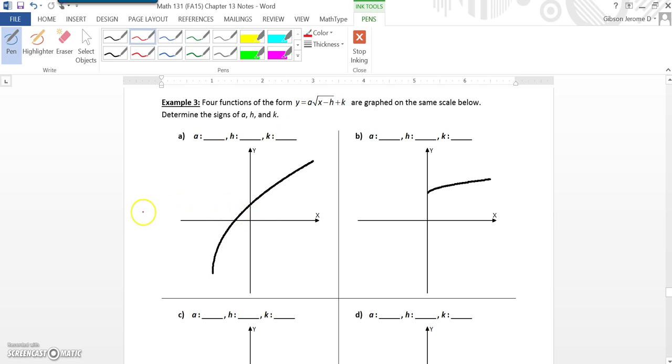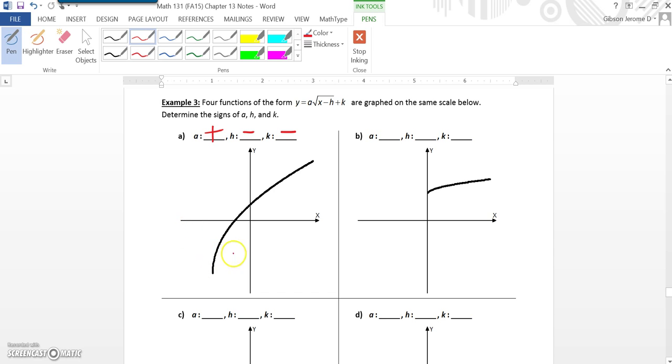Now if we look here, our a we know would be positive, our h would be negative, and our k would be negative. We know a is positive because, as you see, the graph is increasing. h is negative because if you notice the graph went to the left. And k is negative because the graph is going down.